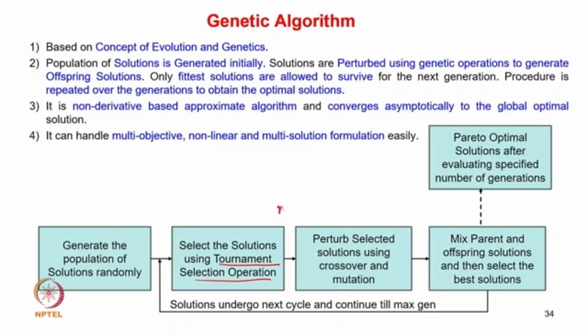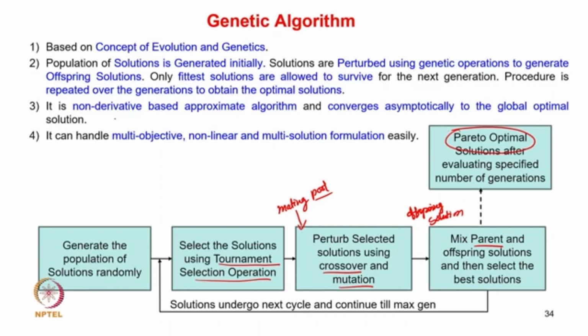That gives you a mating pool, and then solutions are selected from this mating pool, and they undergo crossover and mutation operations. These give you offspring solutions, which are then mixed with the parents, and the best solutions are transferred to the next generation. In this manner we perform this cycle for several iterations, finally giving you the Pareto optimal solution. So this method is based on a population of solutions.